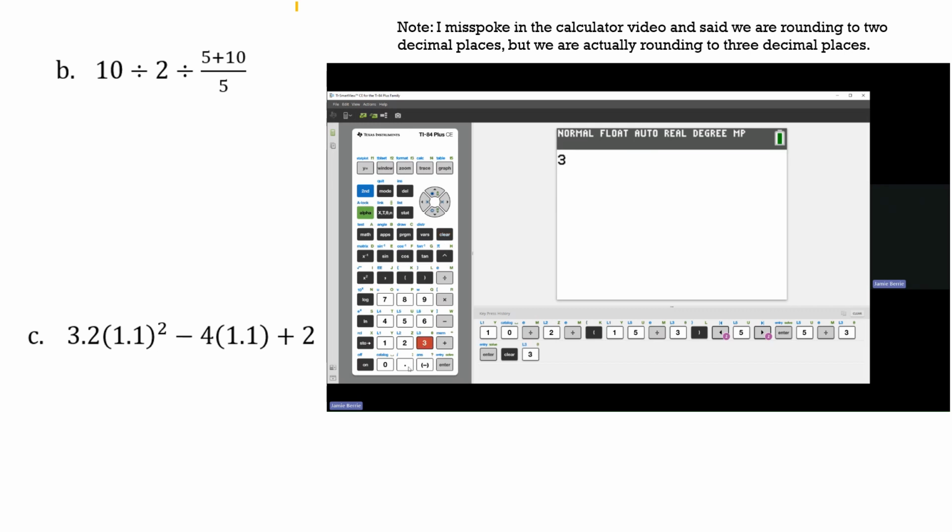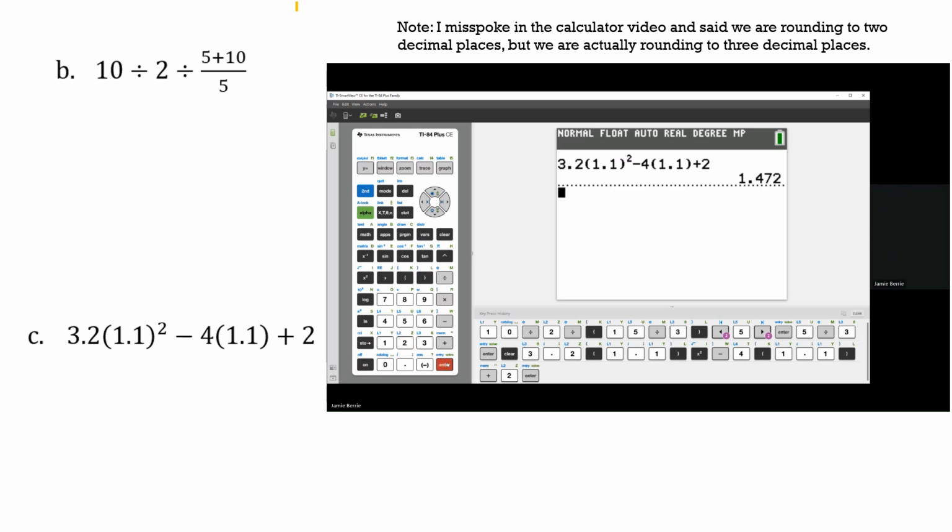All right, so 3.2 parentheses 1.1 close parentheses squared, that's right here kind of diagonal from the 7, minus, not a negative but a minus, so minus 4 parentheses 1.1 close parentheses plus 2. All right, then enter. We're supposed to round to 2 decimal places, so that would be 1.47.